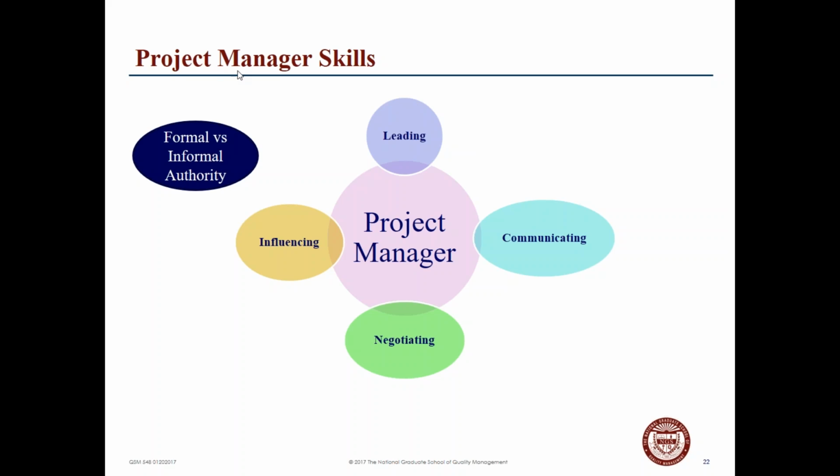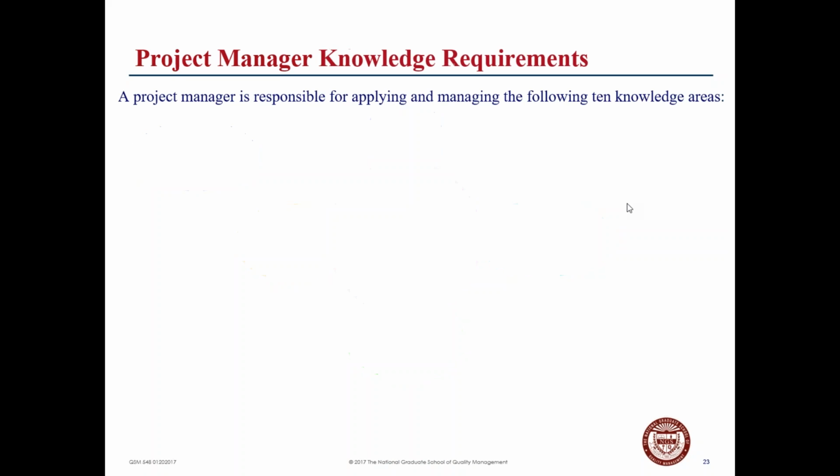So looking at project manager skills, we're looking at this formal versus informal authority. We're looking at leading, communicating, negotiating, and influencing. So let's look at the areas that a project manager needs some knowledge of, how to apply the requirements.